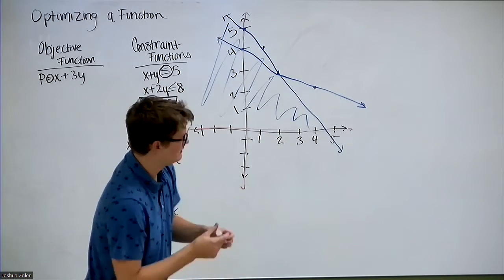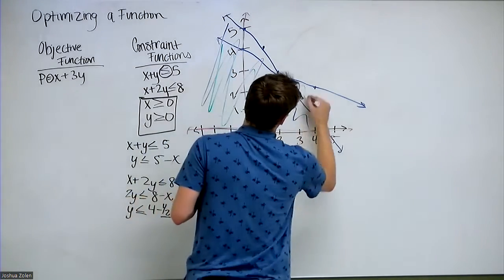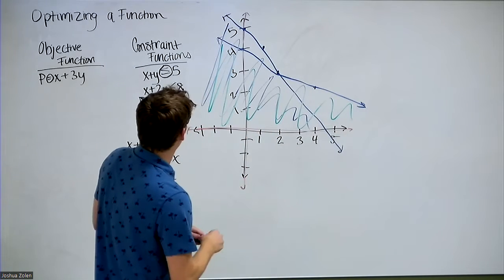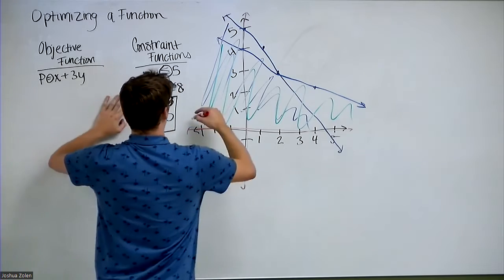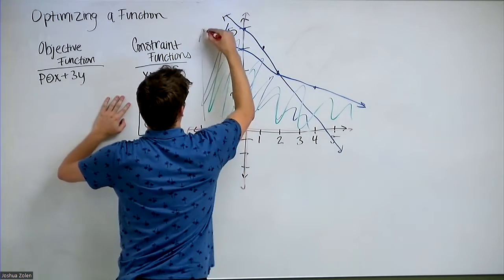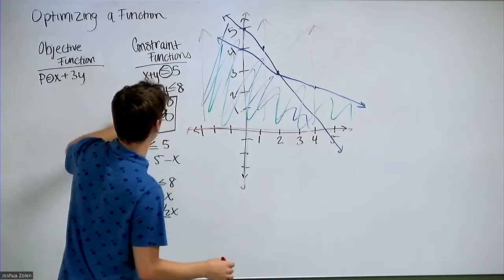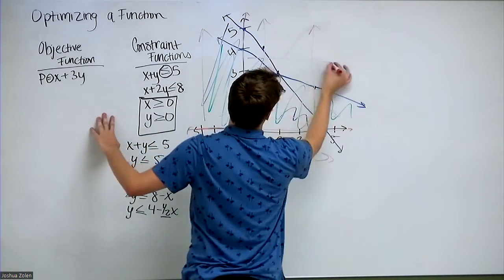I'm going to switch to green for this line. We're going to shade in all of this. And then our x is greater than or equal to 0. That's just going to be everything above the x-axis since it's greater than, and y is greater than 0. That's going to be everything to the right of the y-axis.